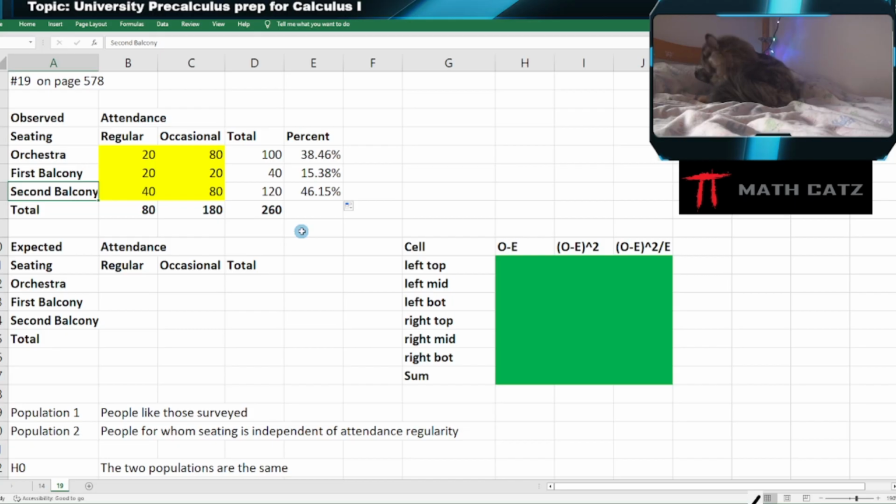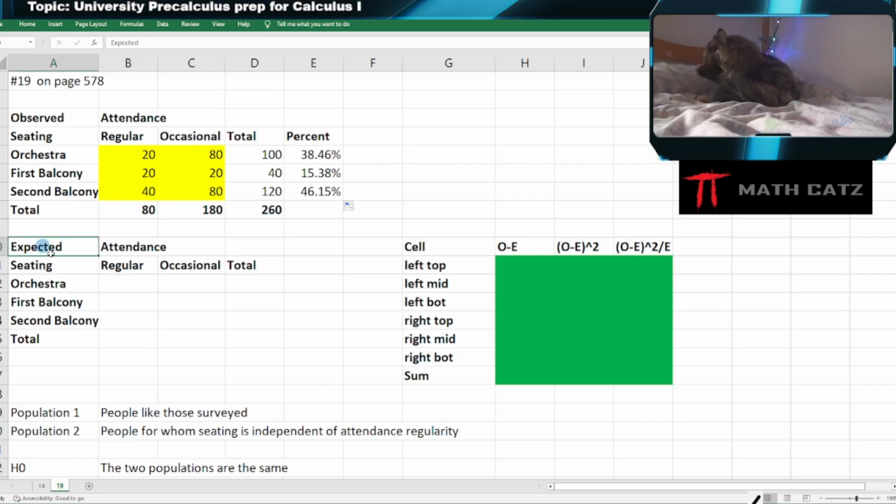So now I can say, well, if these two properties are independent of each other, I would expect regular attendance to fit these percentages. Out of the total of 80 people, I would expect, let's do a calculation here.